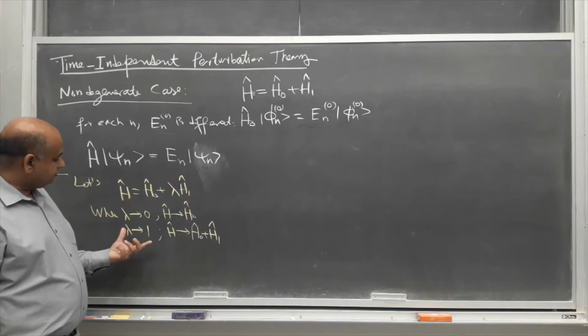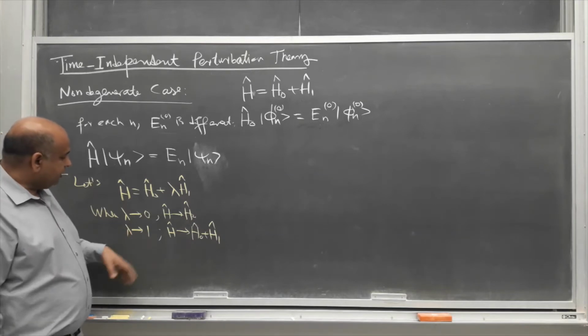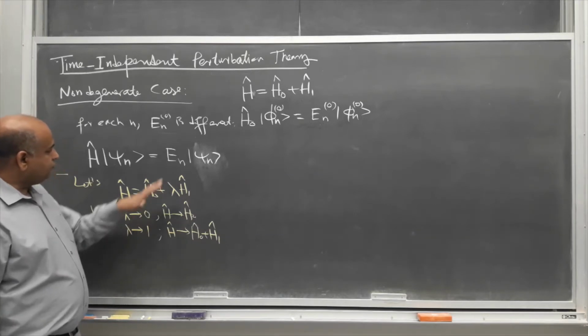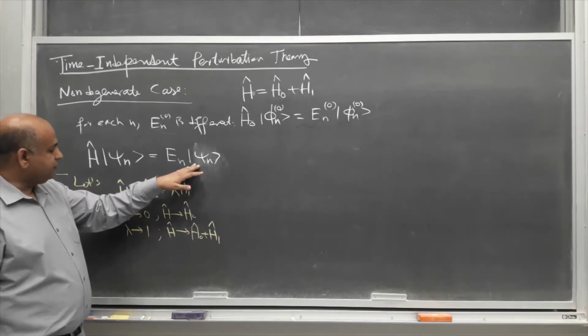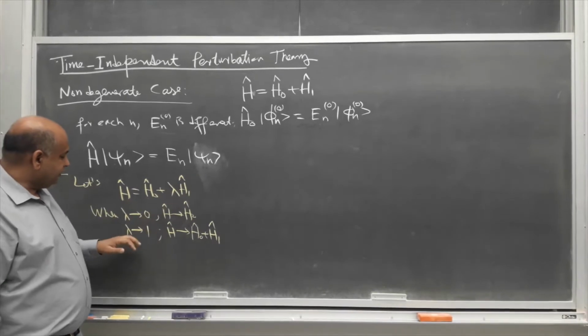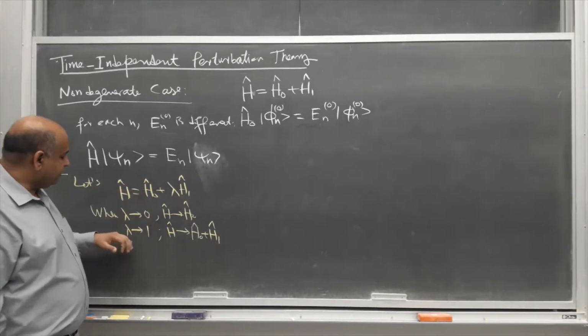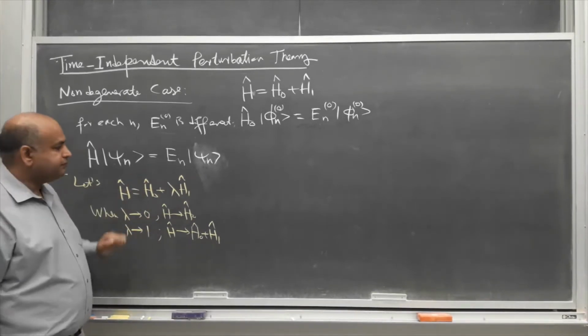And in principle, to find En and psi n exactly, we need to find the infinite number of terms, because only then can the series converge for lambda approaching 1.